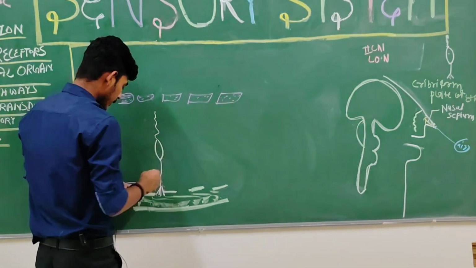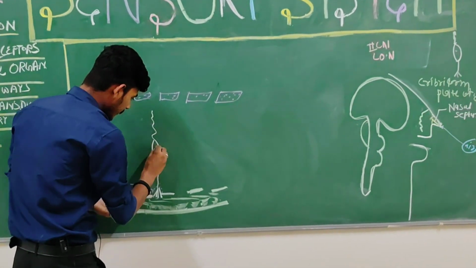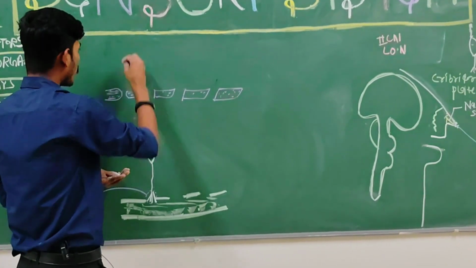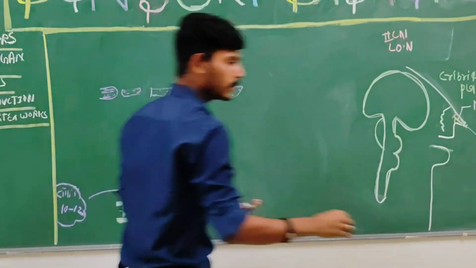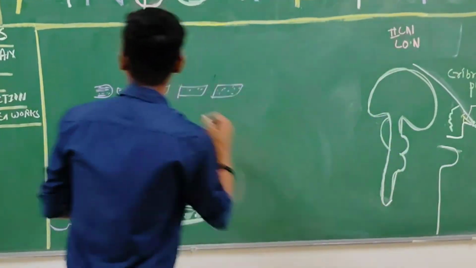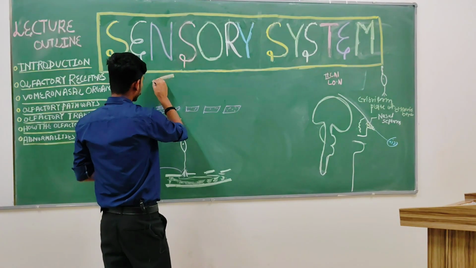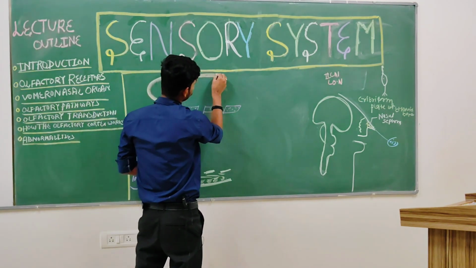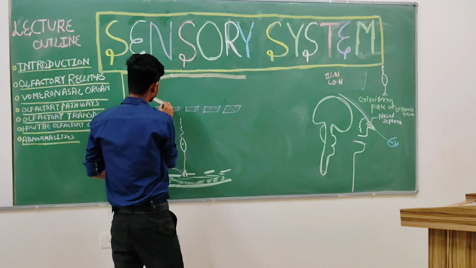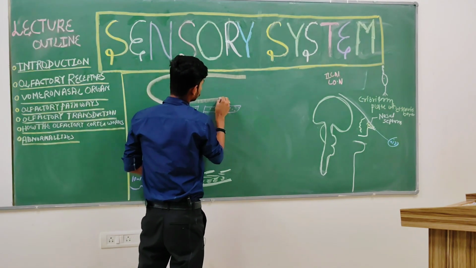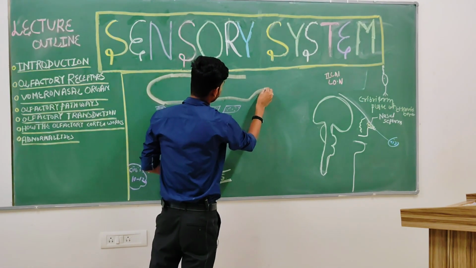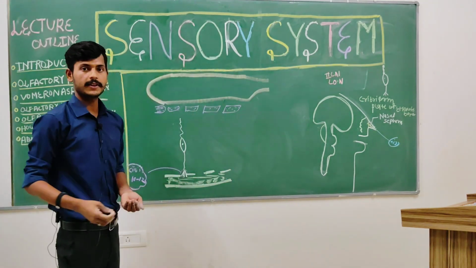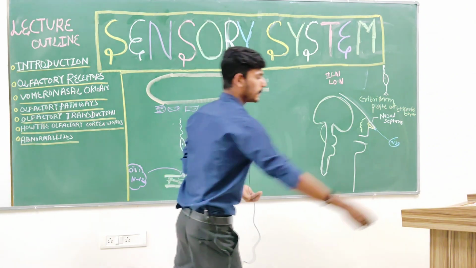Then this cell body contains the nucleus, and here is your olfactory bulb. This is your olfactory bulb, a part of the olfactory nerve.